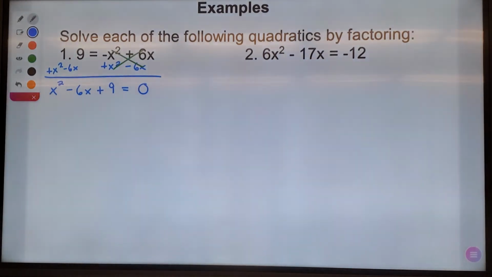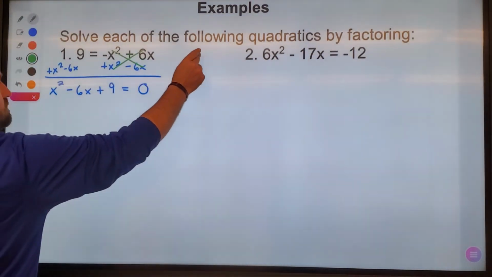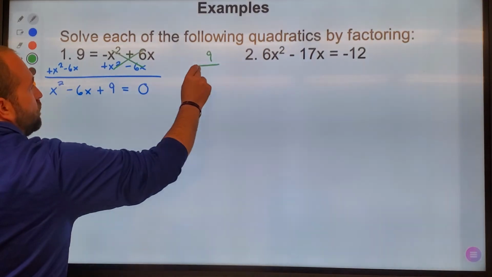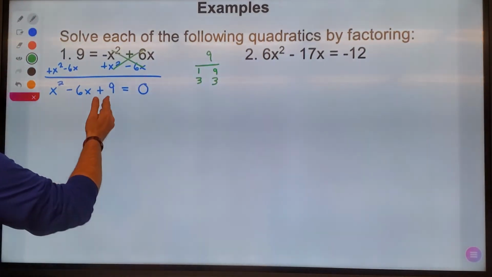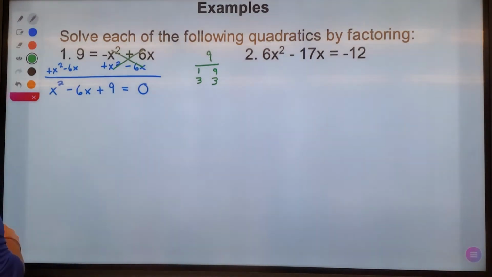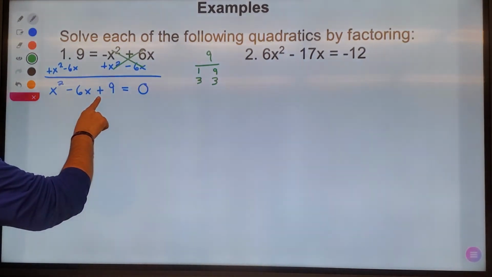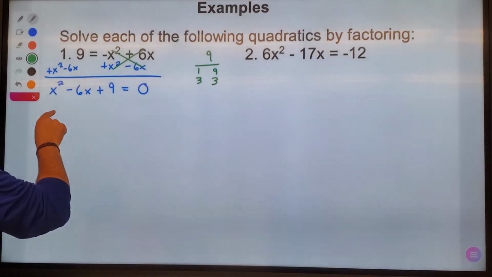So I basically view this as just the x squared minus 6x plus 9 first, and factor it out. I don't have a number in front of the x squared, so I can just find the factors of 9. We have 1 and 9, 3 and 3. Again, working my way backwards, what are the factors that add to get negative 6?